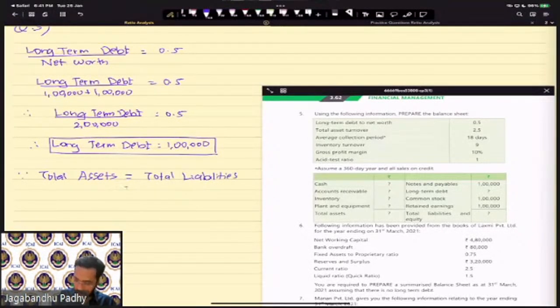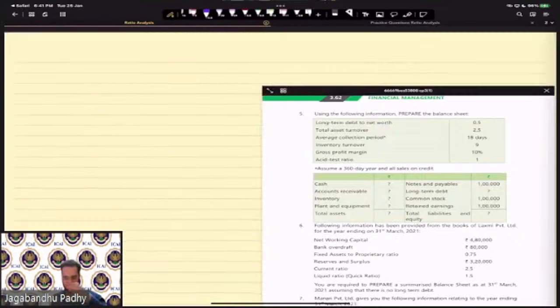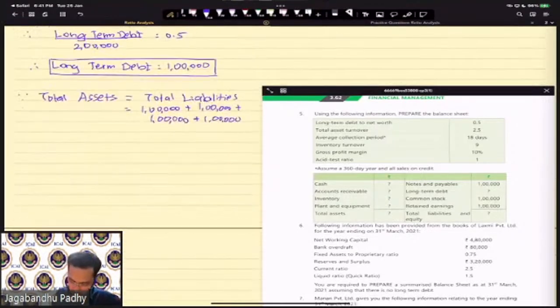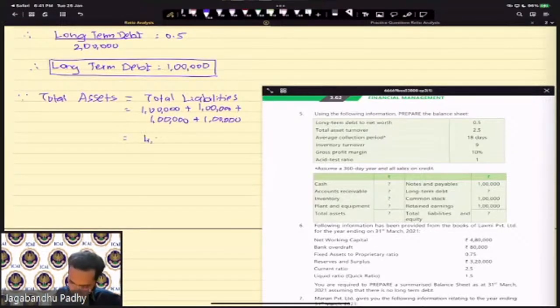Now, total liabilities means we have notes payable of 1 lakh, long-term debt of 1 lakh, common stock of 1 lakh, retained earnings of 1 lakh. So total assets turns out to be 4 lakh.